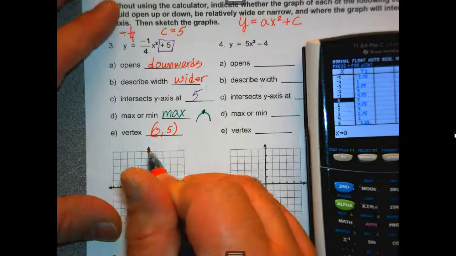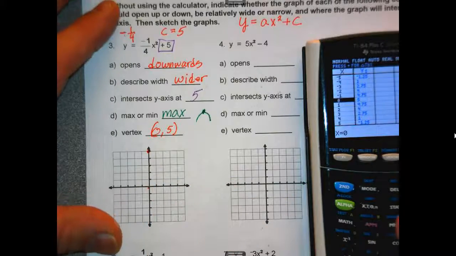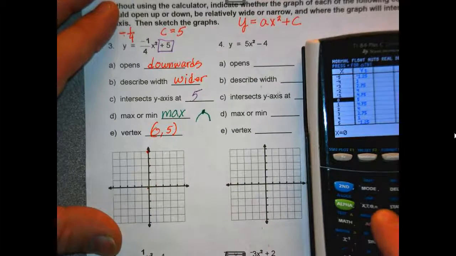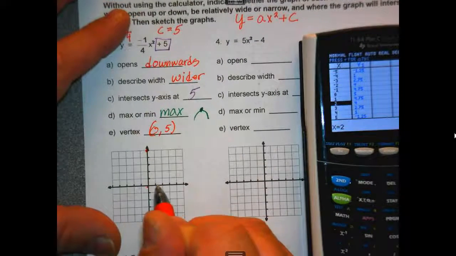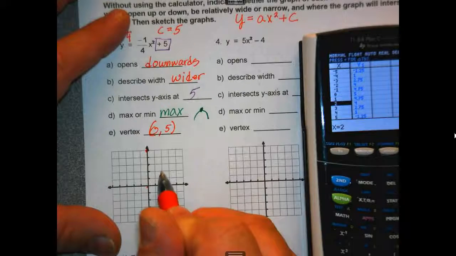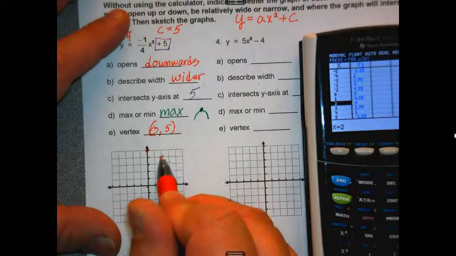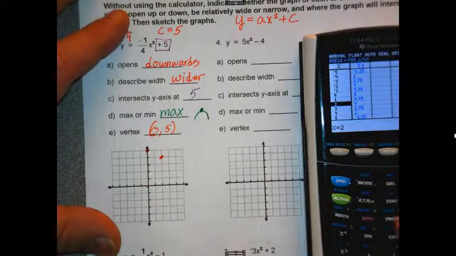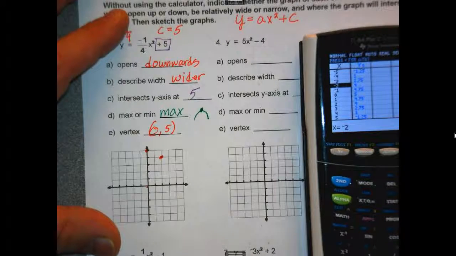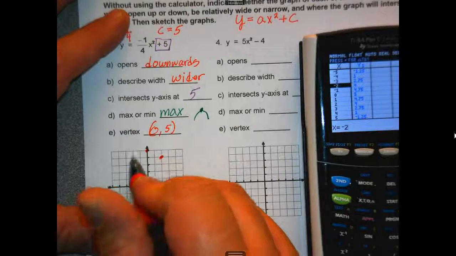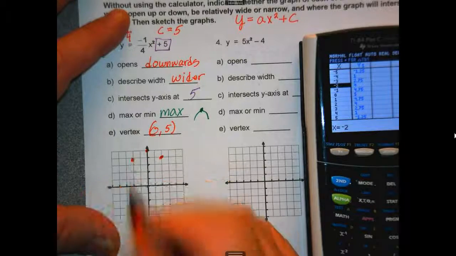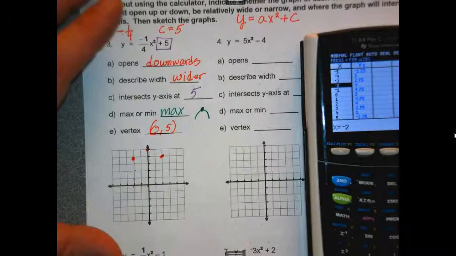Okay. So I'm going to put down 0, 5, the point 0, 5, 0, 1, 2, 3, 4, 5. I know it opens downward, maximum. I'm going to get some whole numbers here. I have 2, 4, 1, 2, 1, 2, 3, 4, and then I've got a negative 2 and a positive 4. Now, 3 points is enough.